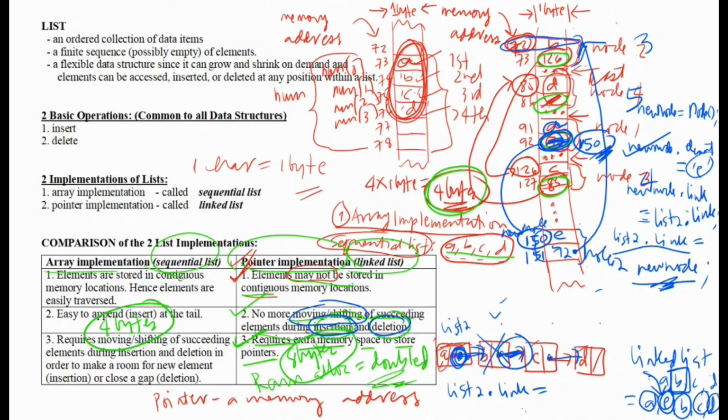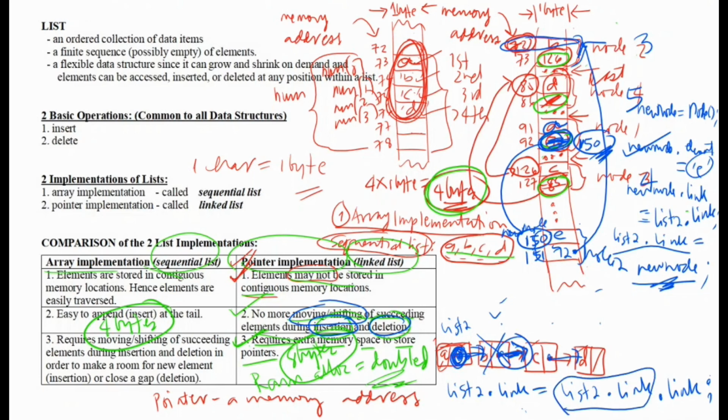What do we call this pointer? It is called list2.link.link. List2.link, this one here, refers to this, and since that is say 72 and this is 72, that is the node of B. So this list2.link refers to this node, node 2. And then you say the link of that.